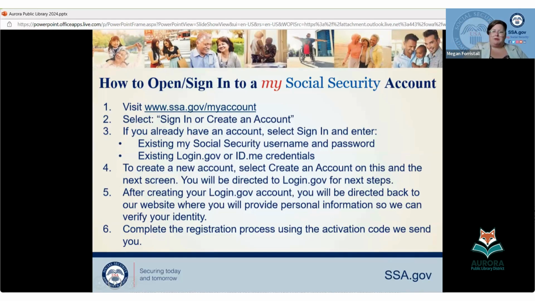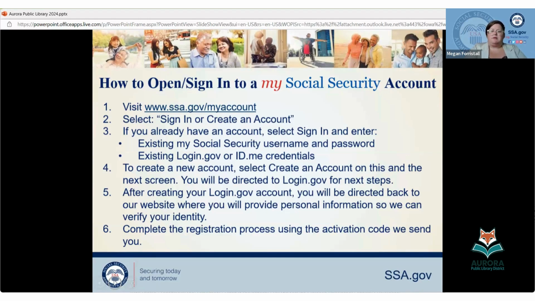But if you have a username and password, that's still working, but it is going to tell you they're going to phase that out and everyone's going to login.gov. They did not tell us that in the beginning when they switched to all this. They always said you'll be fine, but now they have said, nope, we're going to switch completely over to login.gov.